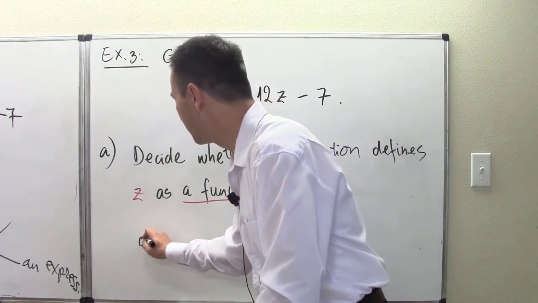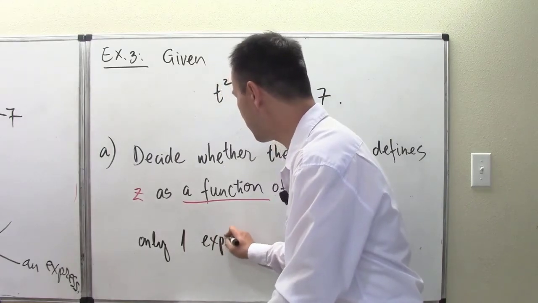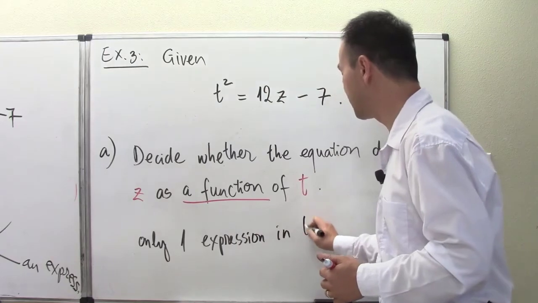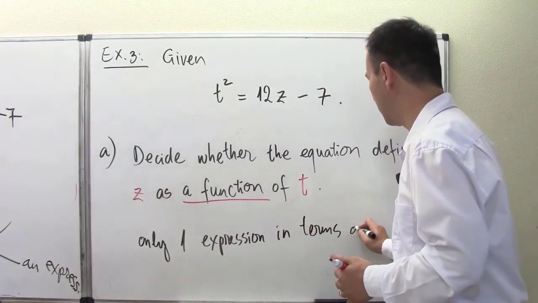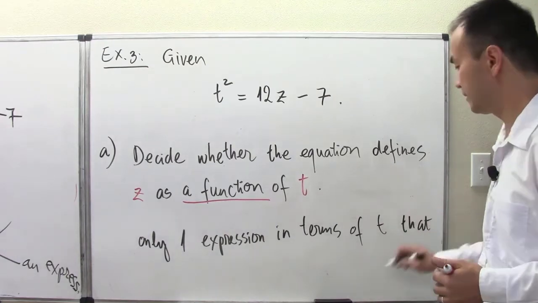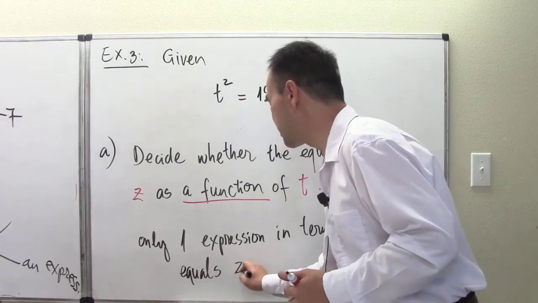So there's only one expression in terms of t that equals z.